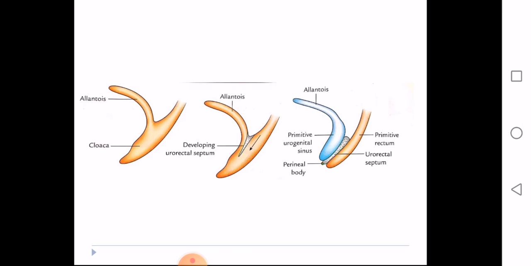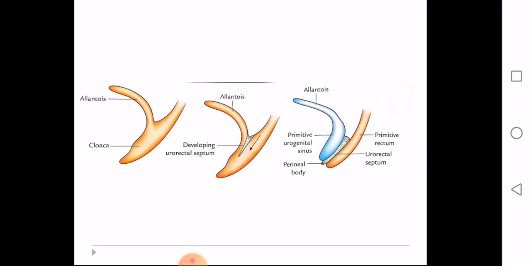Now the part of the hindgut distal to the allantois is called the cloaca. Now look at the second diagram. You can see one septum. This septum is arising in the angle between the allantois and the hindgut, and this septum is growing downwards.